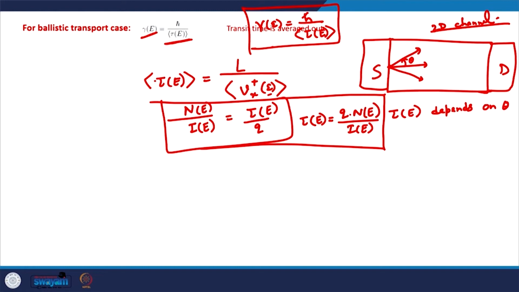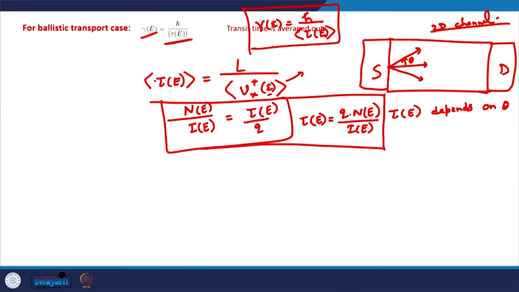But now, in the case of diffusive transport, this thing does not hold, because not all the electrons are reaching the drain side; electrons are continuously scattering in the middle, and the angle is changing. So, we cannot find out tau e this way, but we will make use of this expression in order to find out the tau time for the diffusive transport case.